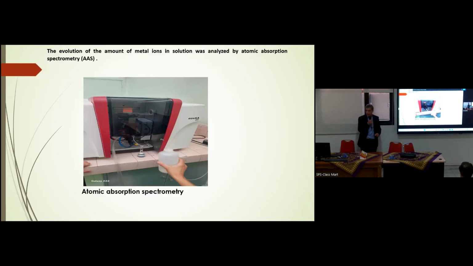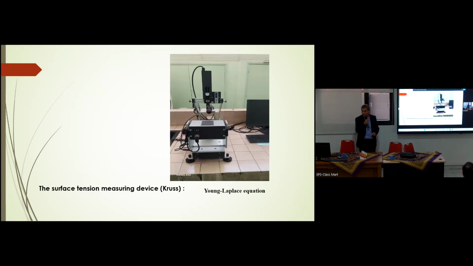This is the apparatus. The second one is a tensiometer, for measuring the surface tension of the liquid, because there is a difference between water and water with surfactant. With surfactant, the surface tension decreases, which indicates the presence or not of the surfactant.